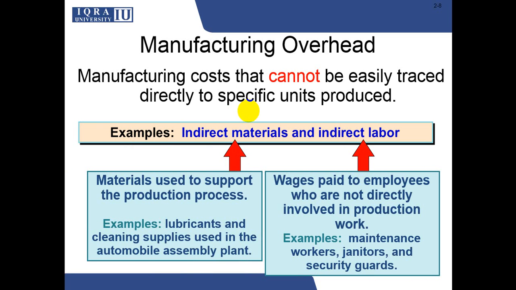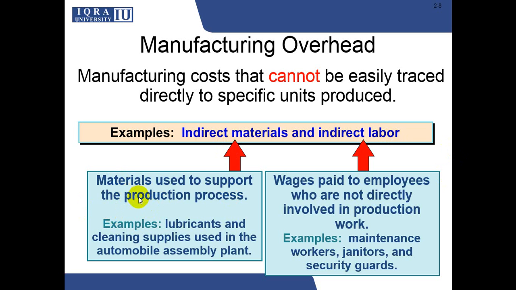Manufacturing overhead costs include direct factory related costs that are incurred when producing a product, such as the cost of machinery and the cost to operate the machinery. Manufacturing overhead costs also include some indirect costs, that is, indirect material cost and indirect labor cost.